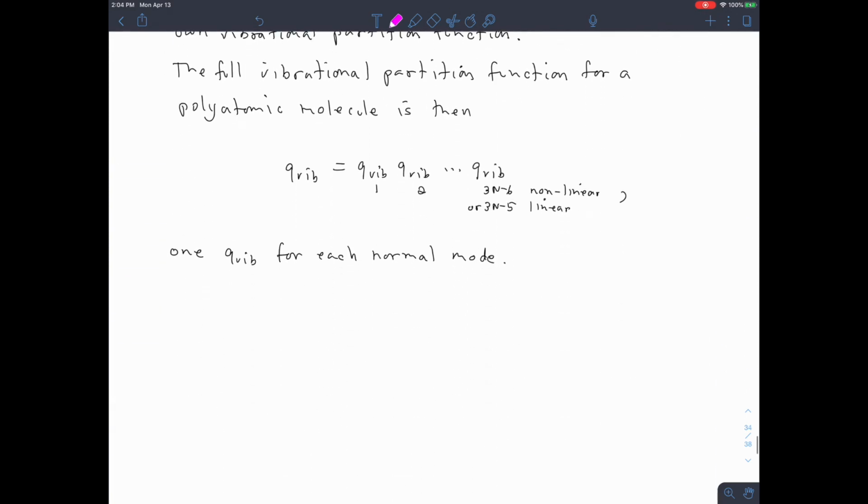So what does that mean? Well, each normal coordinate has its own independent harmonic oscillator.